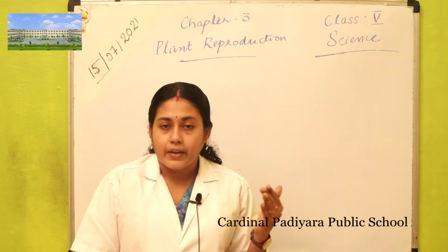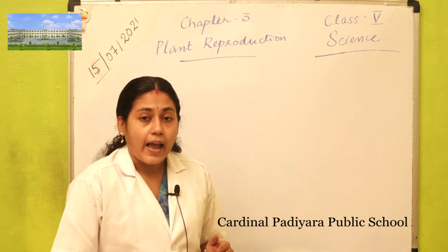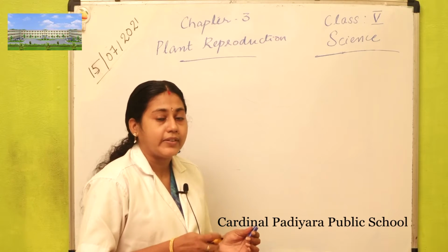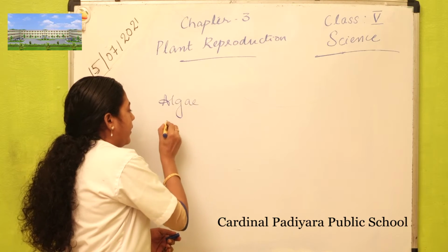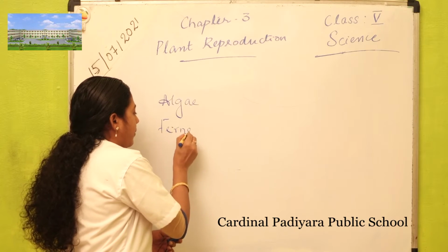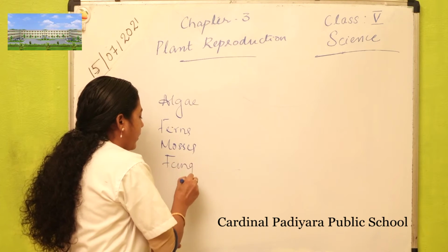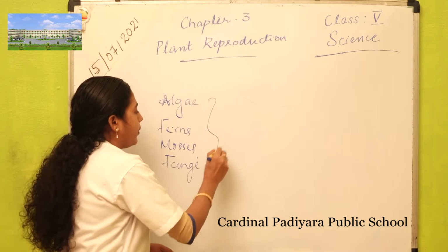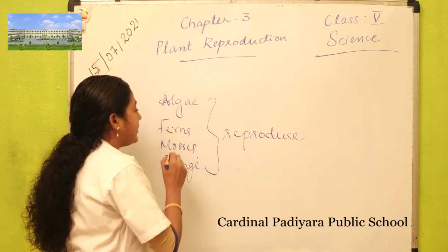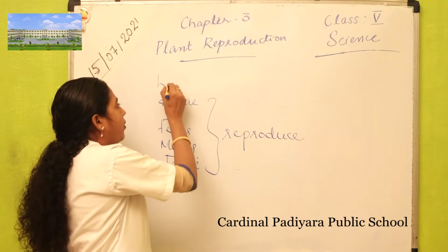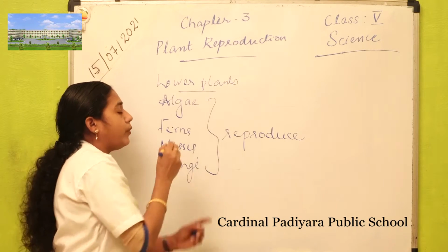You have studied in the previous chapter that lower plants like algae, ferns, mosses, fungi are examples of lower plants.